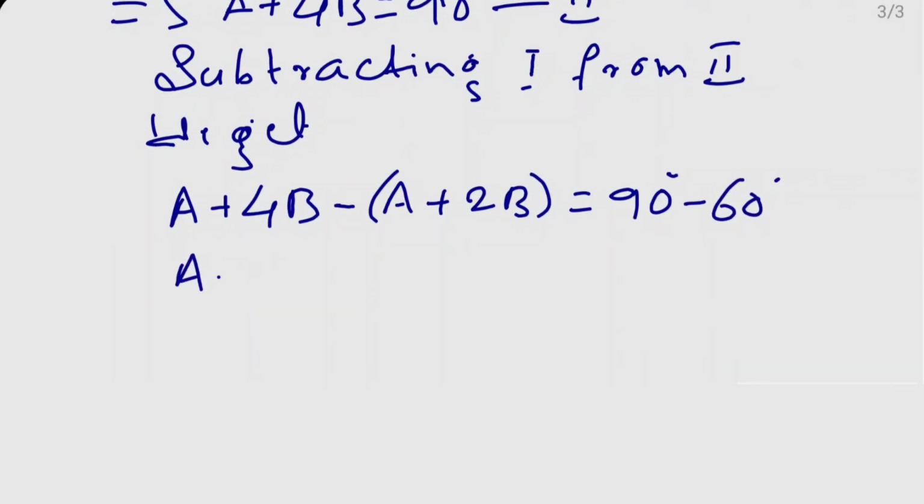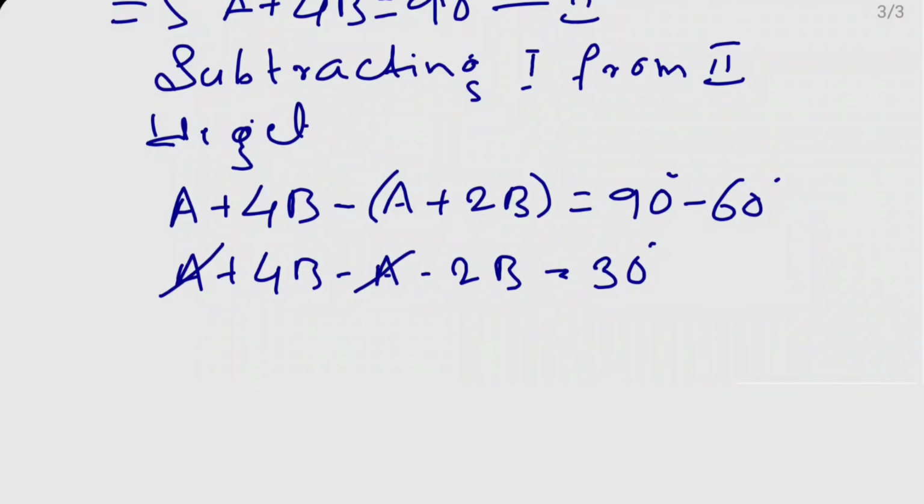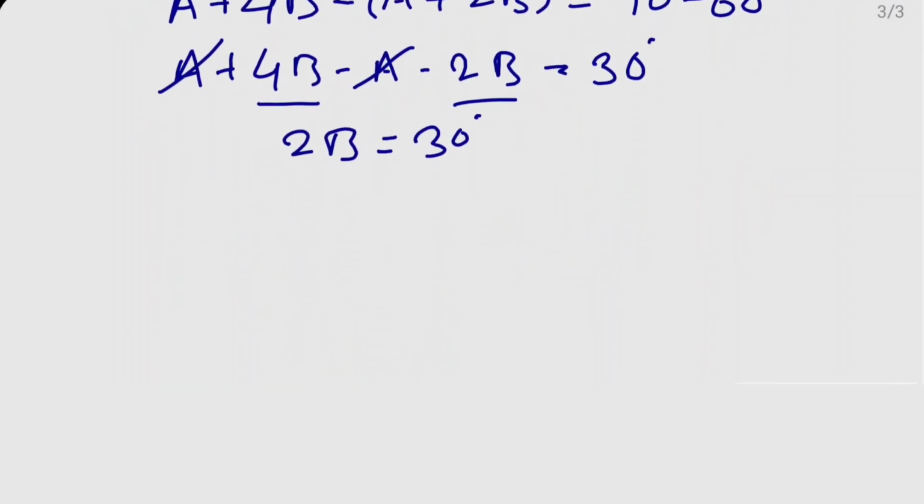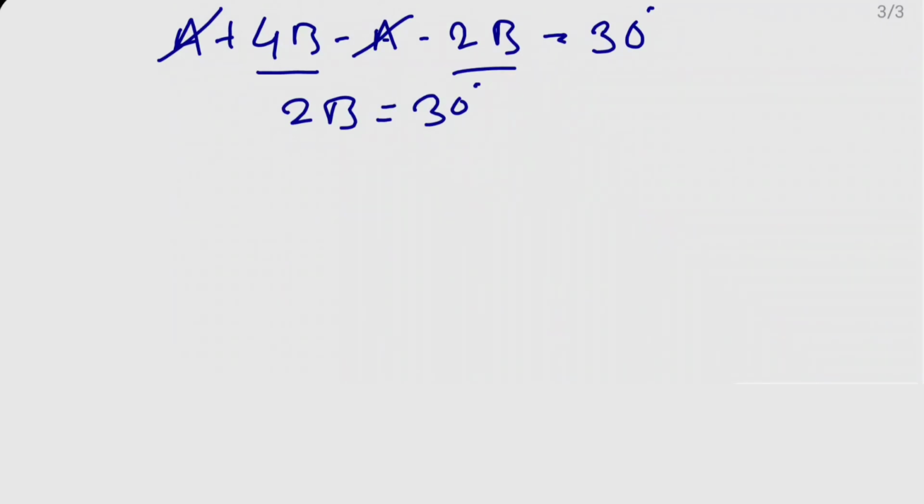So now A plus 4B minus A minus 2B equals 30. And here A gets cancelled, and 4B minus 2B is 2B equals 30, and now B equals 15.